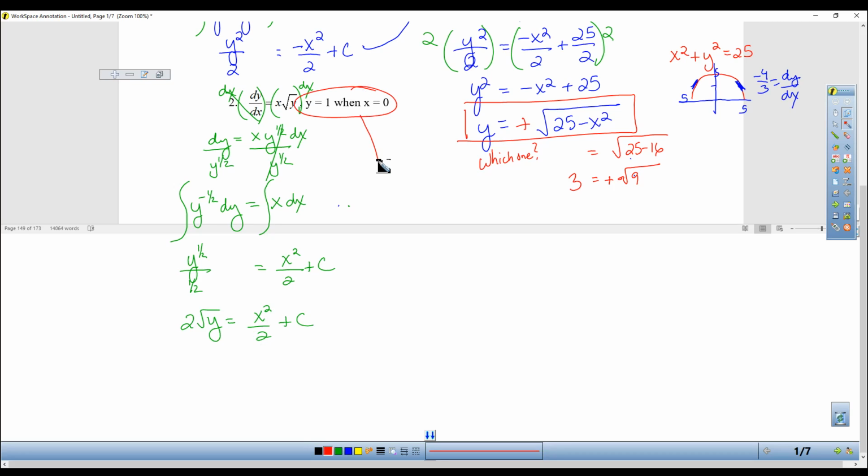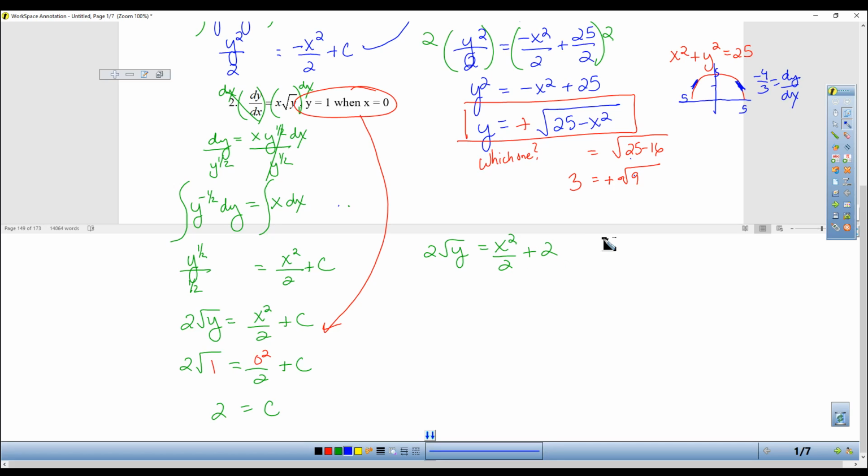I'm going to go ahead and plug this in. So 2 square roots of 1 is equal to x squared over 2 plus c. So c is equal to 2. So 2 square roots of y is equal to x squared over 2 plus 2.